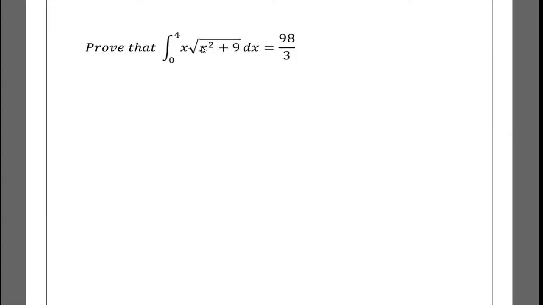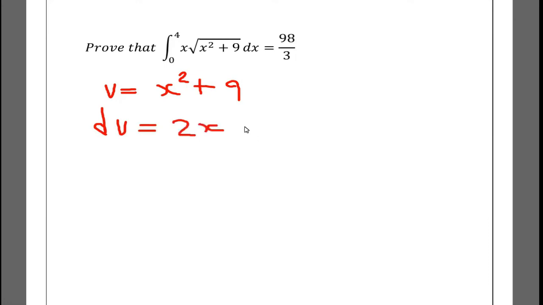I know that if I call u x squared plus 9, look what's going to happen. If I call u x squared plus 9, then what is du? Then du is going to be 2x dx.